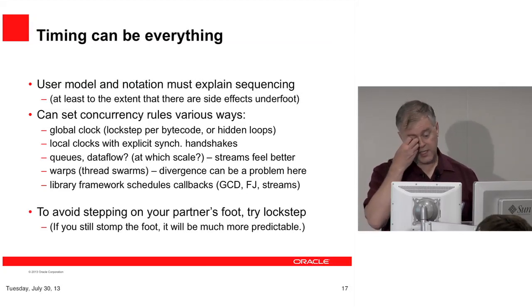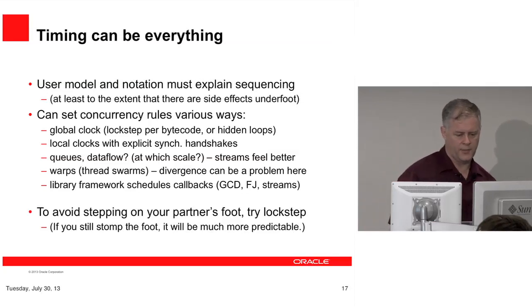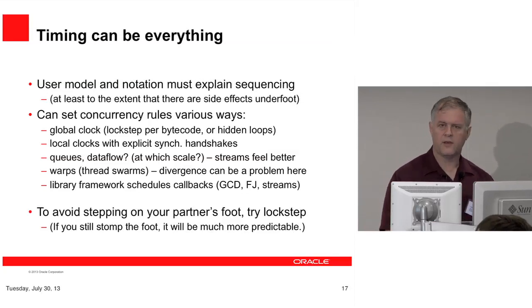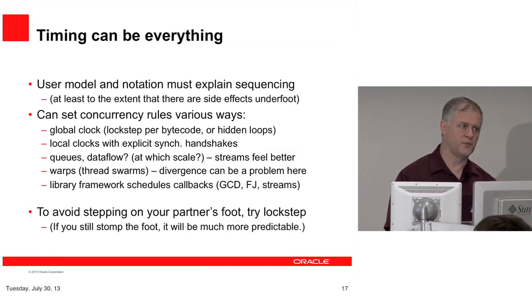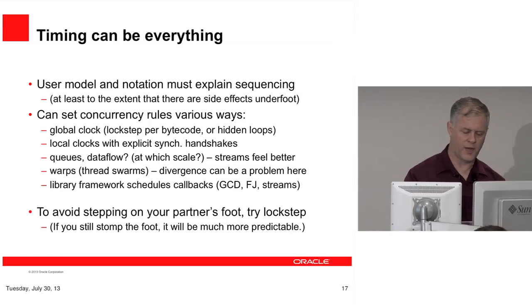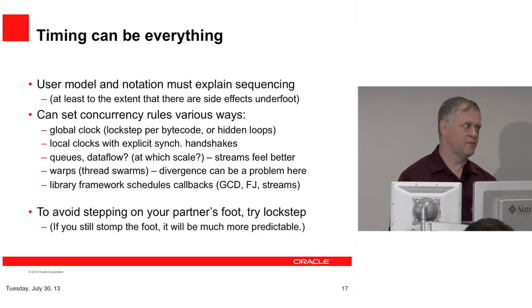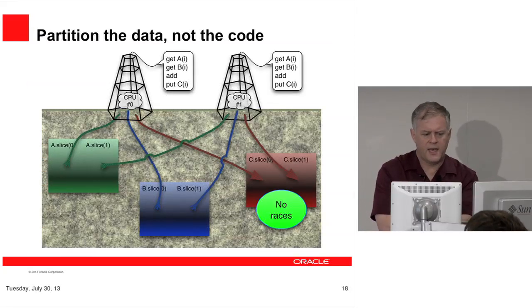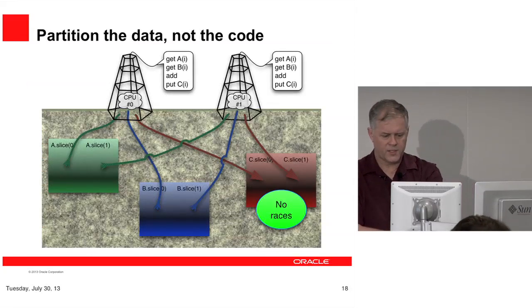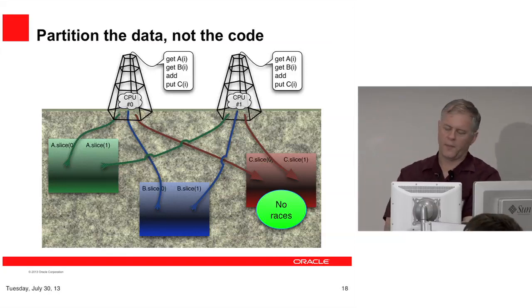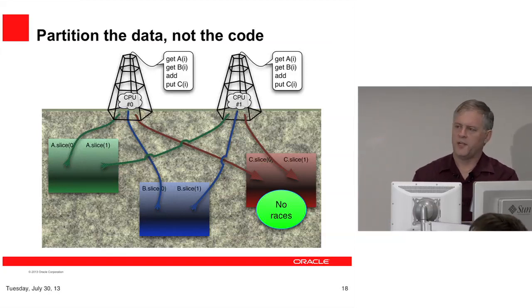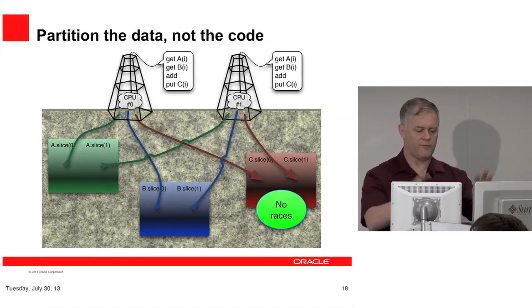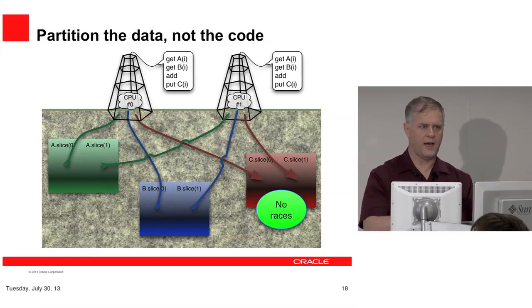But for the sake of drawing pictures, let's try lockstep again. The lockstep does not automatically remove race conditions, but at least cuts down on some of the degrees of freedom on them. So if you're going to race, you'll actually race more often, which maybe means you'll catch a bug quicker. So here's a diagram, and this is obvious, but I'm going somewhere with this. Now we have two CPUs that have been offloaded with the two halves of the data set.